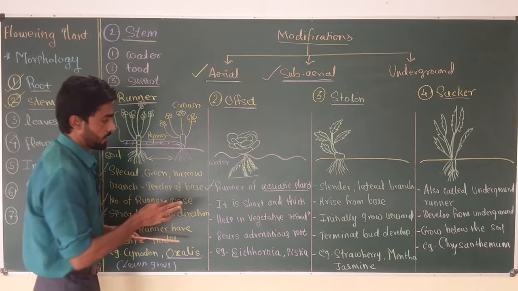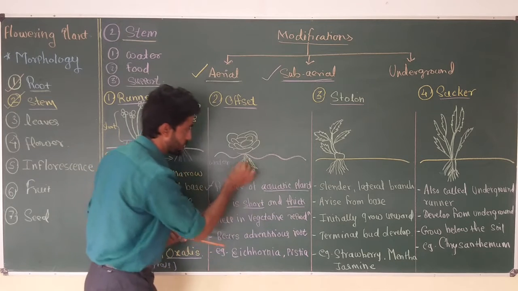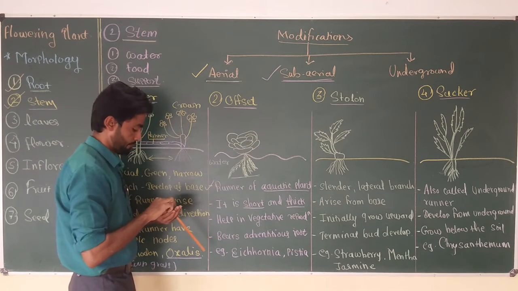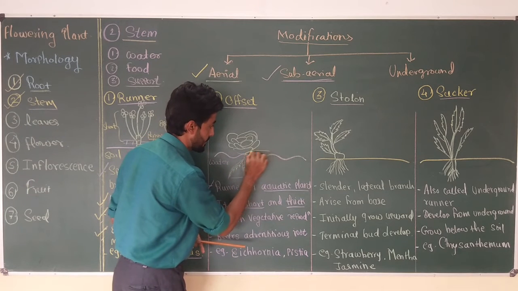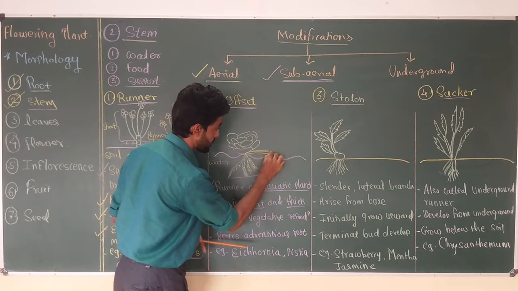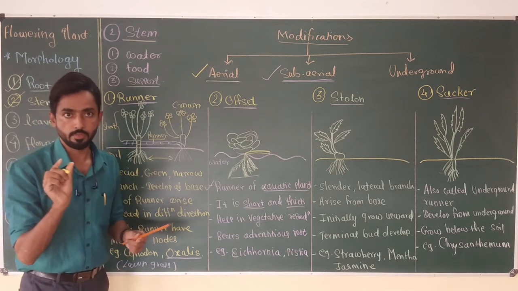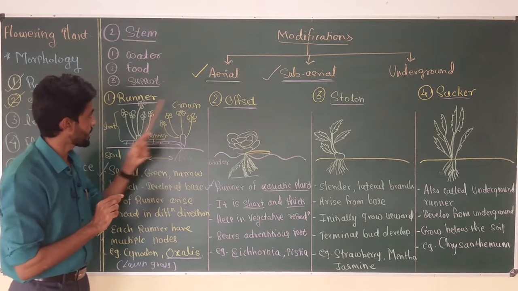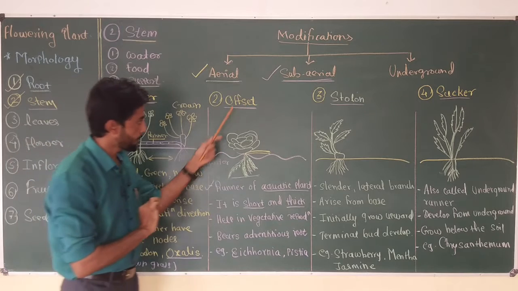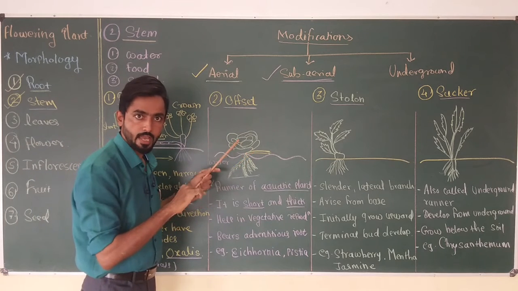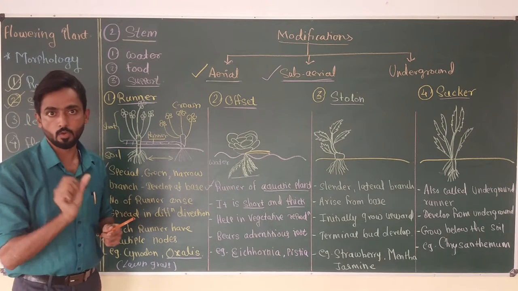Now a short thick branch arises from the base of the stem near the water surface, and generally the branch produced from the base is of the length of a single node. This is the major difference between offset and runner. The runner has multiple nodes and internodes, while the offset, the branch which develops in the aquatic plant, measures about a single node length.